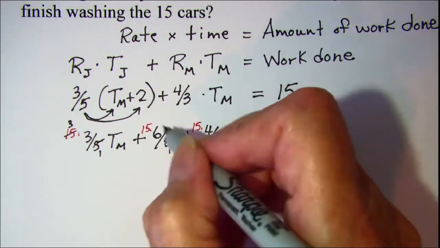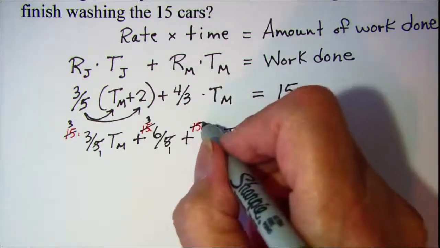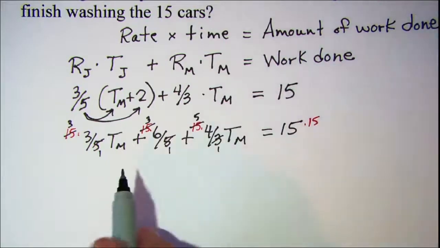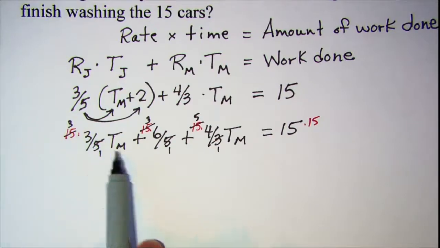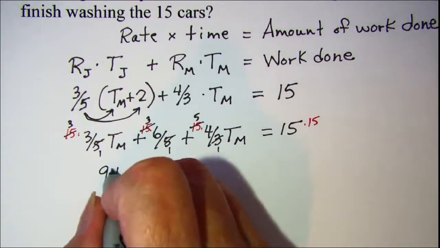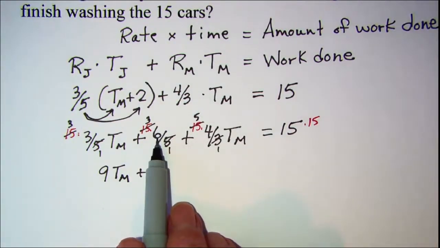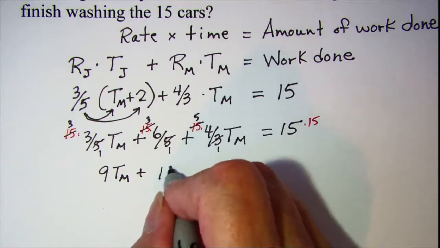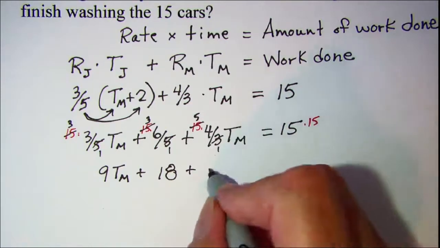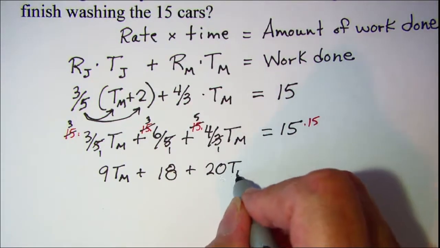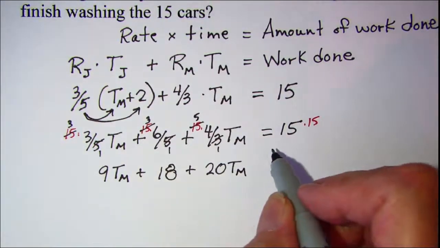And again here, 5 divides 15 3 times. 3 divides 15 5 times. And then that's all the canceling. So now what I have is 3 times 3 T sub m, so 9 T sub m plus, and then 3 times 6 is 18, plus 5 times 4 is 20 T sub m, and then 15 times 15 is 225.